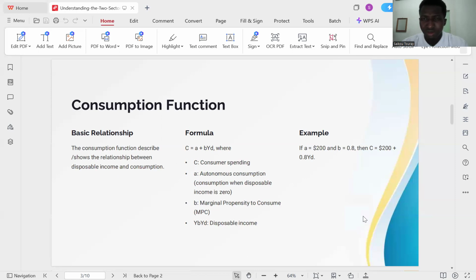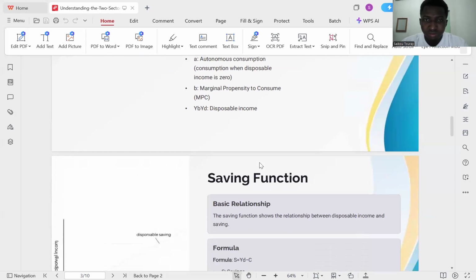For example, if A equals 200 and B equals 0.8, then the consumption function will be C equals $200 plus 0.8 YD. That is the function to use if you want to calculate your consumption.